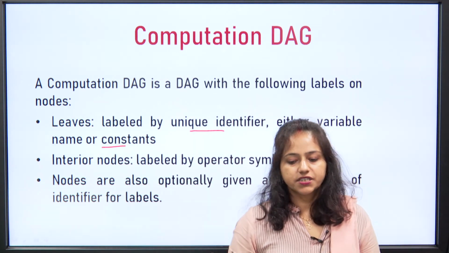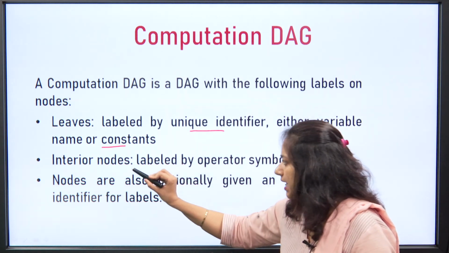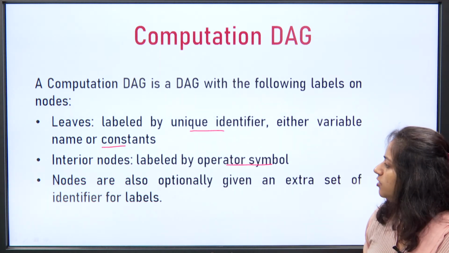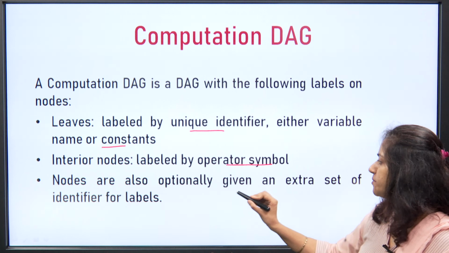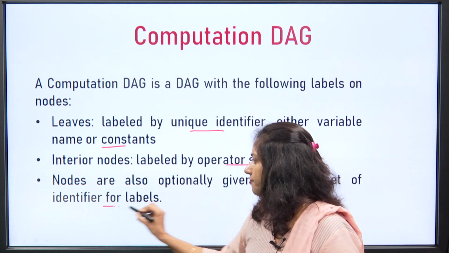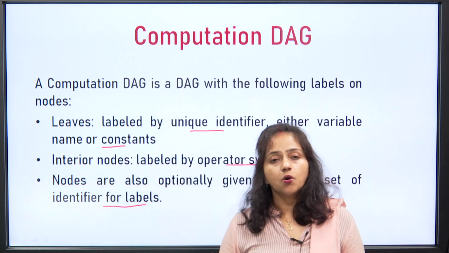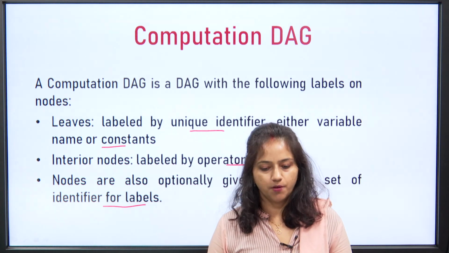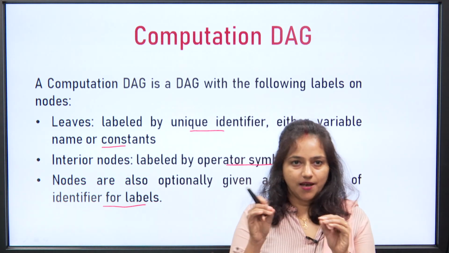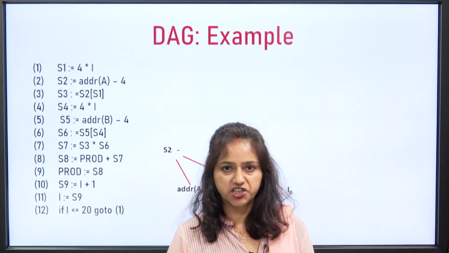Interior nodes will be labeled by operator symbols, and nodes are also optionally given an extra set of identifiers as labels. Meaning, at the nodes we can attach some additional information, and this is optional.